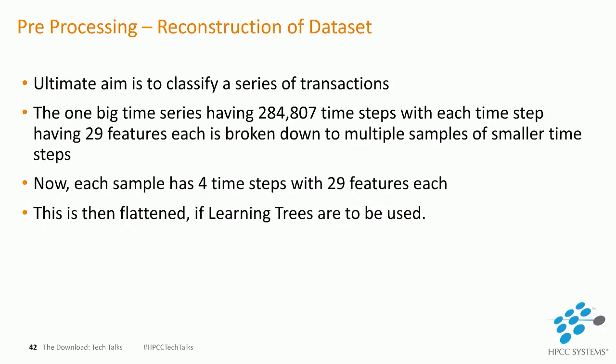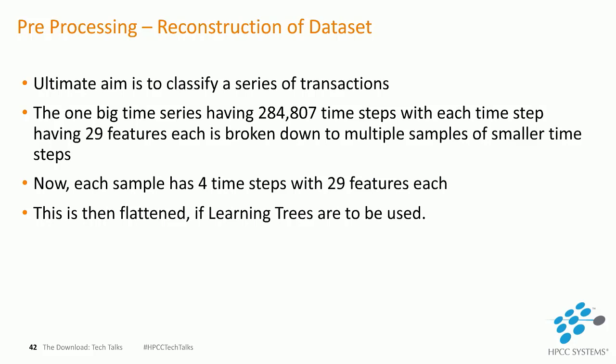Another major step in pre-processing is the reconstruction of the dataset. So see, our ultimate aim is to classify a small series of transactions, right? So this one big time series that I said the time series was having 284,807 time steps has to be broken down into smaller time steps or smaller samples.